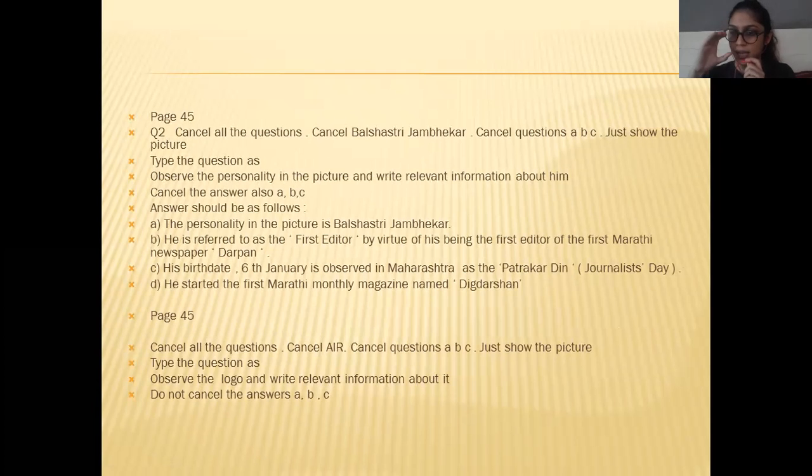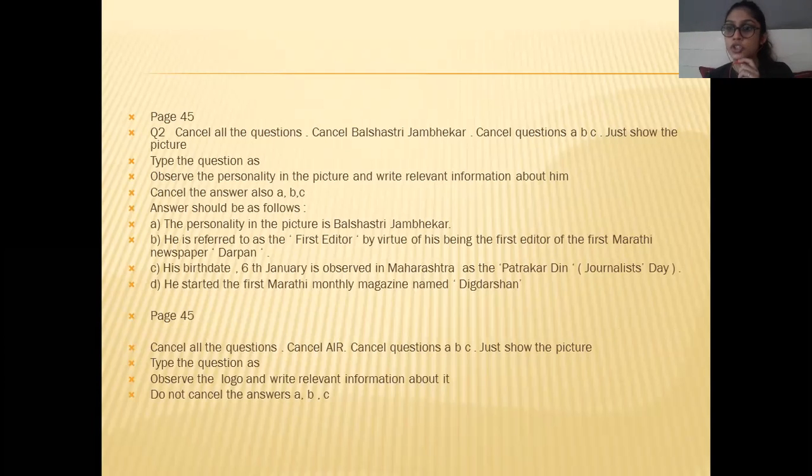If it is a picture study, how should the question be framed? Observe the personality in the picture and write relevant information about it. So you have to identify whose picture it is, which personality is in that picture. And you have to write relevant information about him. Also cancel the answers A, B and C.